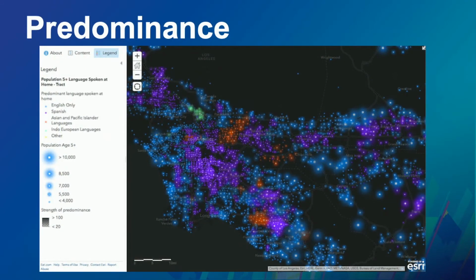Also predominance. So I was talking to you about predominant education in Mexico. There are cases where you have subcategories of your data, such as election data. You have candidates who earn votes. There's race, so you have different races that live in a population. There's educational attainment. In this case, it's languages spoken at home.